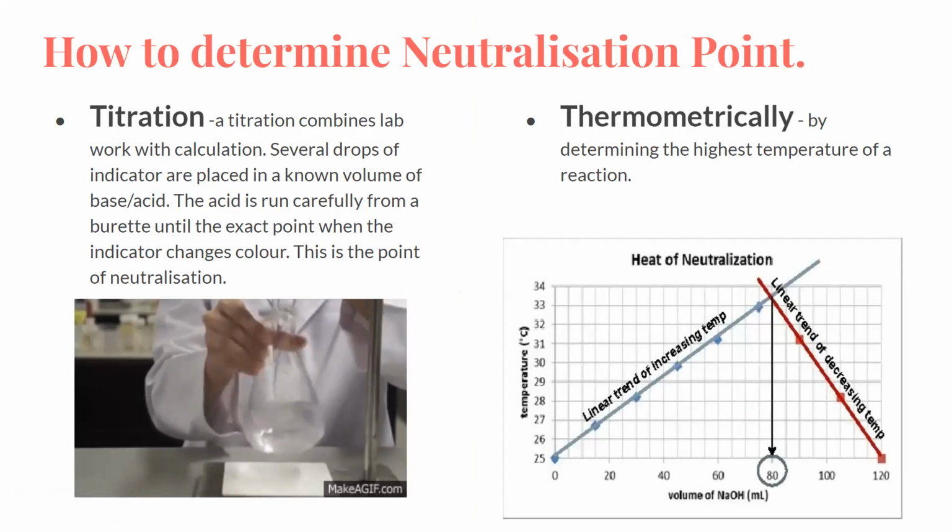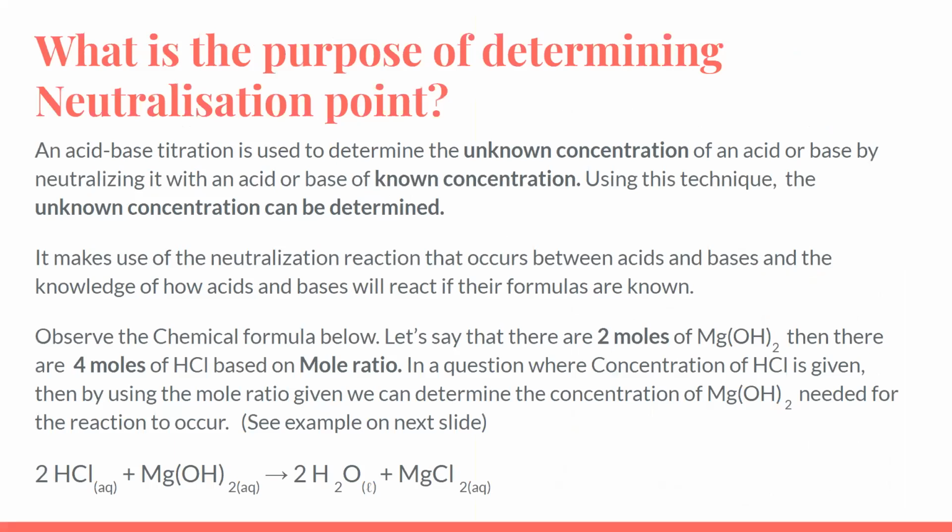Now it can be in reverse. I could run anything that is unknown. Let's say it's acid in the top there and base at the bottom, and I want to find concentration. I can do that too, right? Using the chemical equation, of course.